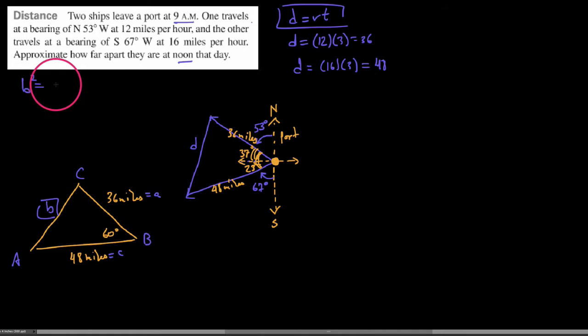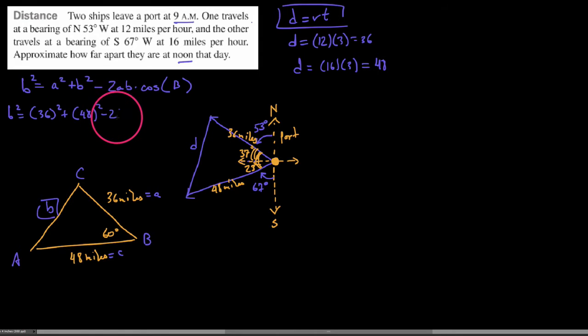So we're going to write this out first: b squared equals a squared plus c squared, very Pythagorean, minus 2 times a times c times the cosine of the angle across from the side I started with, which is angle B. So plugging everybody in, we get b squared equals 36 squared plus 48 squared minus 2 times 36 times 48 times the cosine of angle B, which we were able to determine was 60 degrees here.